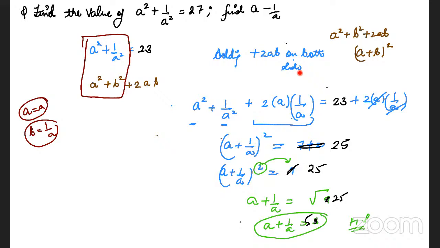Five is the answer, but what step did you take? That's so important. What step did you take? So I used a minus b the whole square. How did you get that? Instead of putting plus 2ab, I put minus because that's what the formula is. Then you're saying that I'm not getting the 4.3.